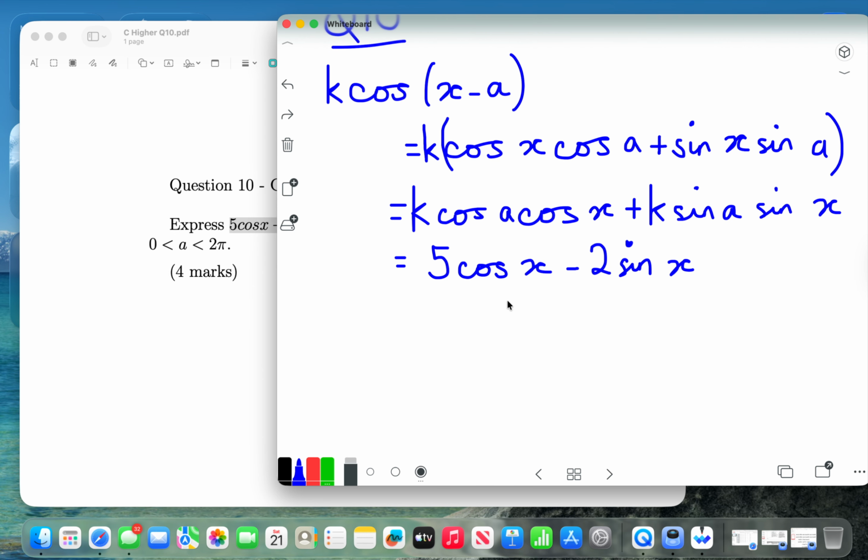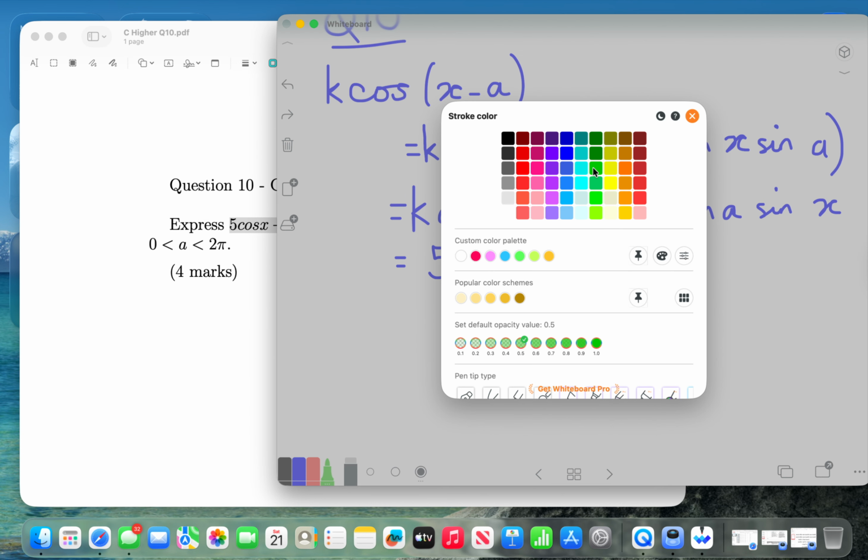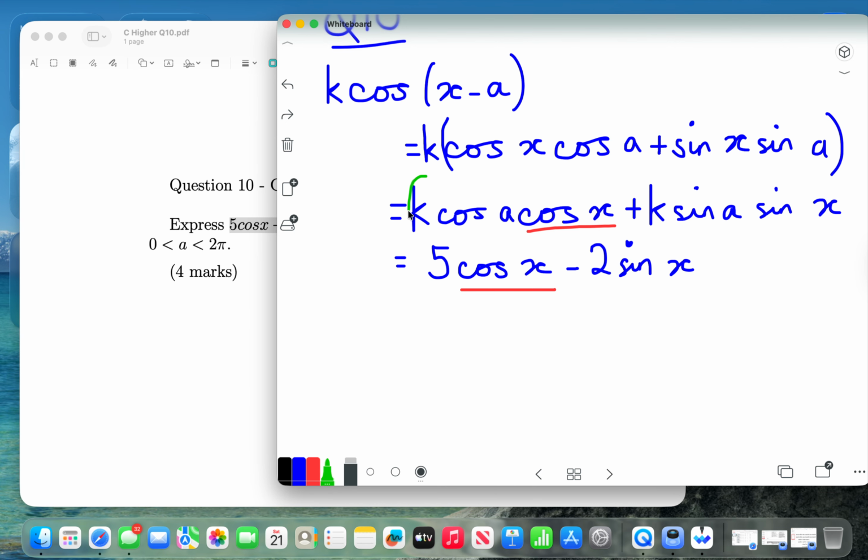You'll notice if we compare these equations, you've got cosine x and cosine x. So k cosine a, let's mark this in green, is being multiplied by cosine x in the first one and 5 in the second.